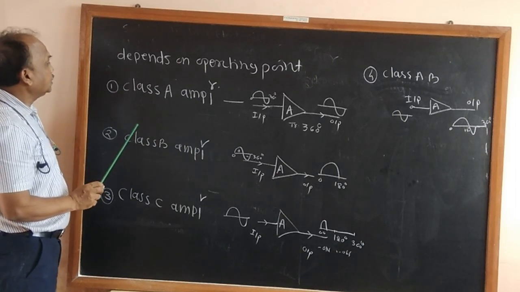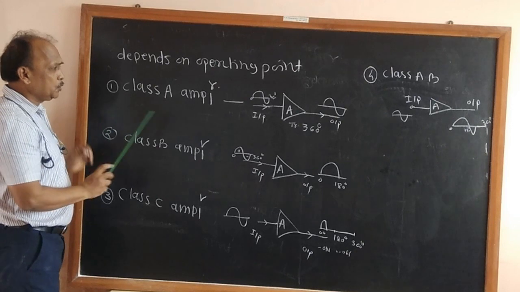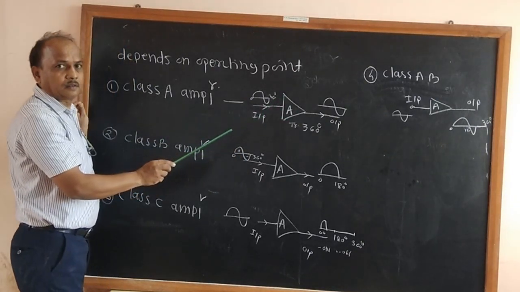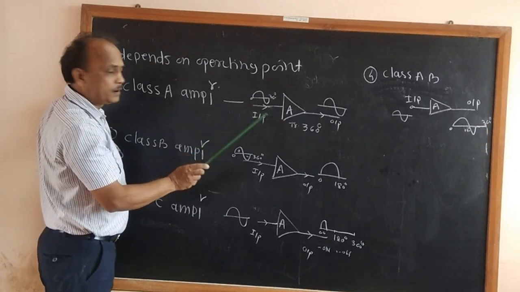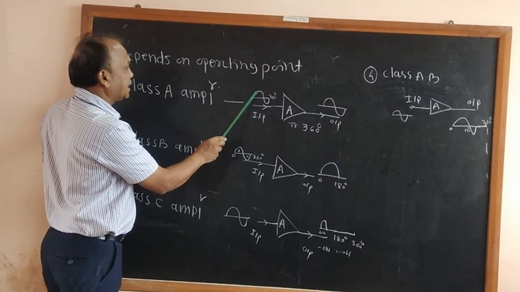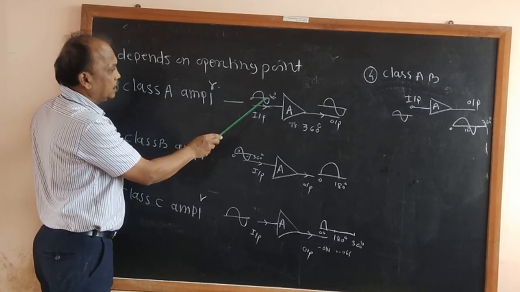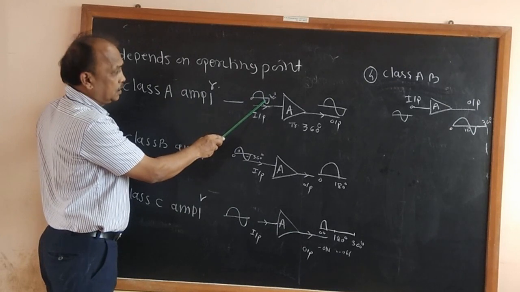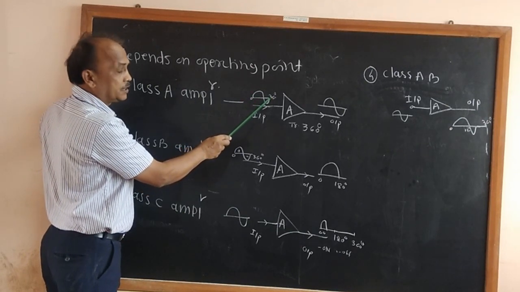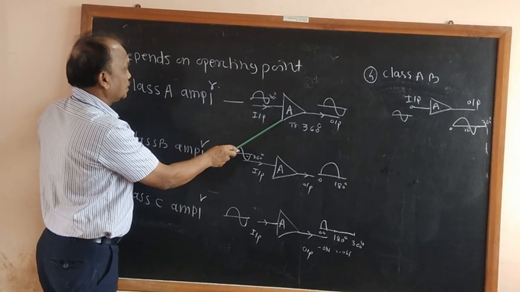Now first of all we have to study what a class A amplifier is. All of you know that in an amplifier we are using one transistor. At the input side we are using a sine wave signal. The sine wave signal contains one positive half cycle and one negative half cycle, so the total time period for one cycle is 0 to 360 degrees.